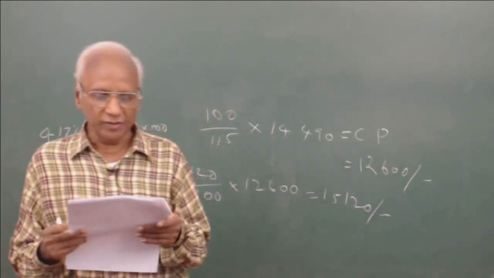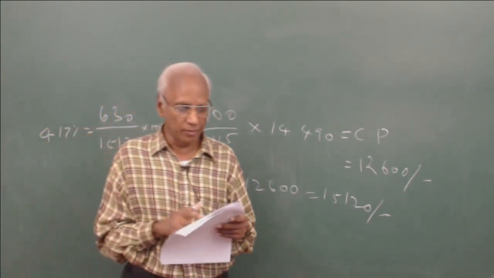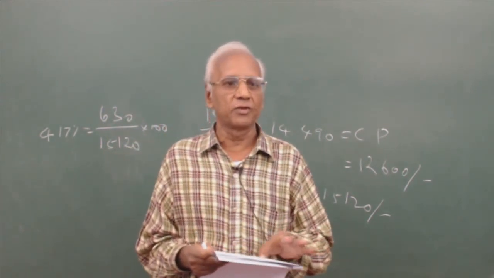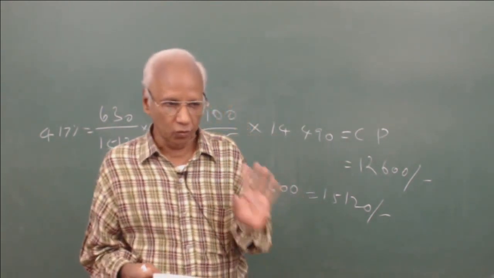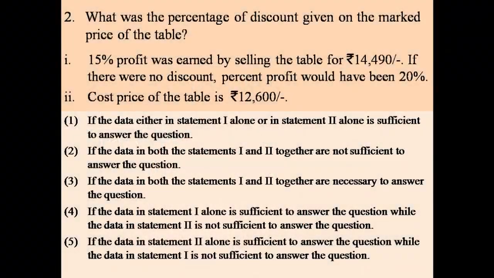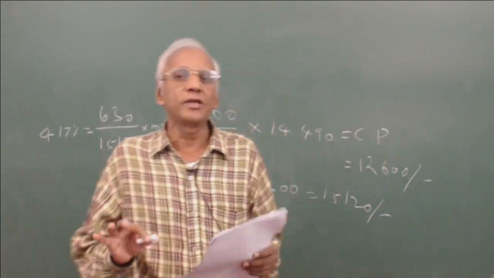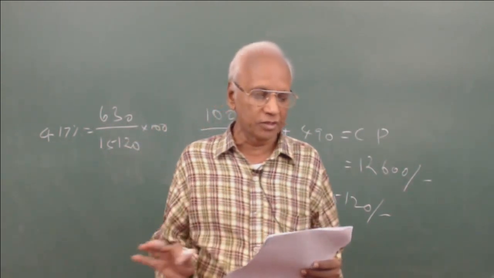So the question is, what was the percentage of discount? You are able to work out the discount percentage right from the information under statement 1 alone. So statement 1 alone is okay, but we should not stop the question here. It is possible that statement 2 also may give information. So we have decided now that statement 1 alone is sufficient to answer the question asked.